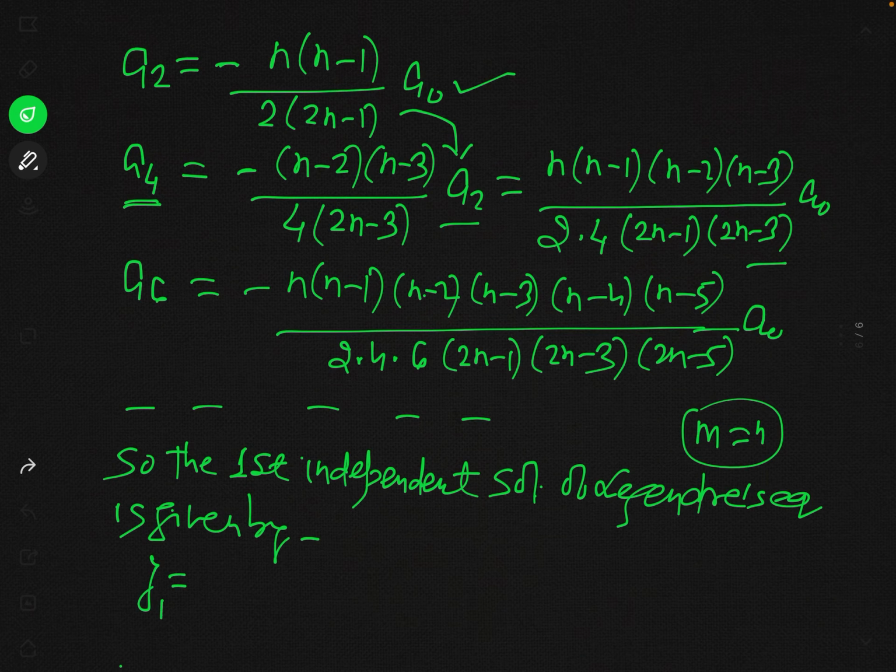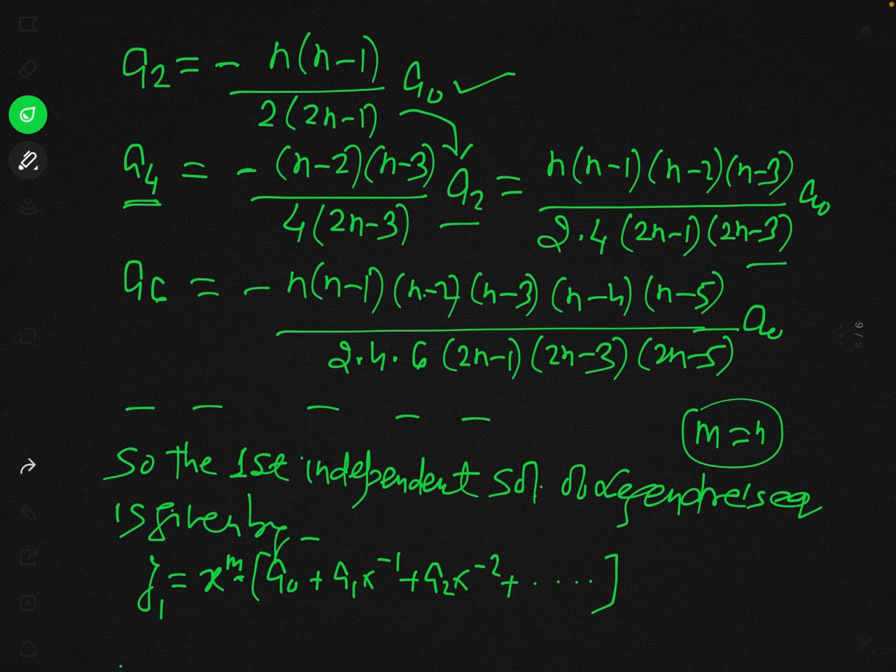You have seen the first solution we will write y equal to x to the power m into a naught plus a1 x to the power minus 1 plus a2 x to the power minus 2 plus so on. Now you have seen that in this case m is equal to n.